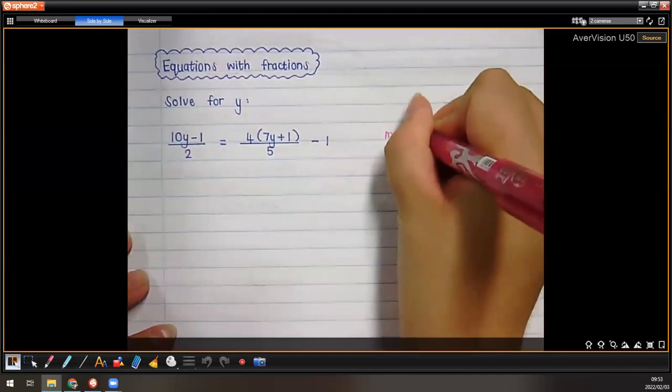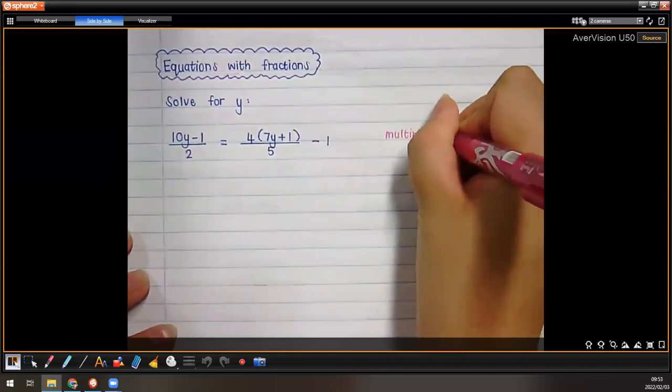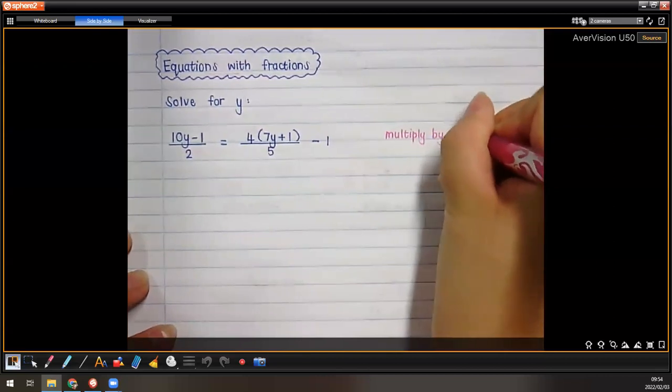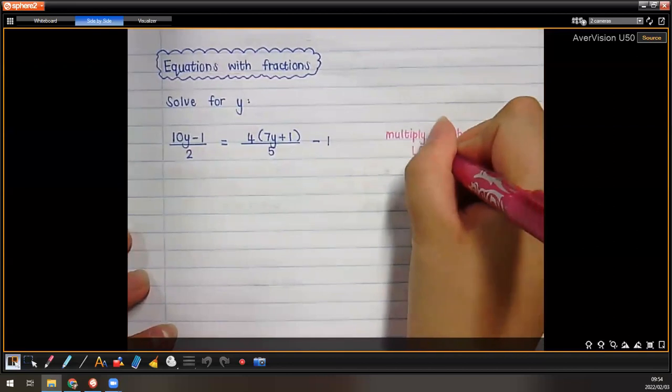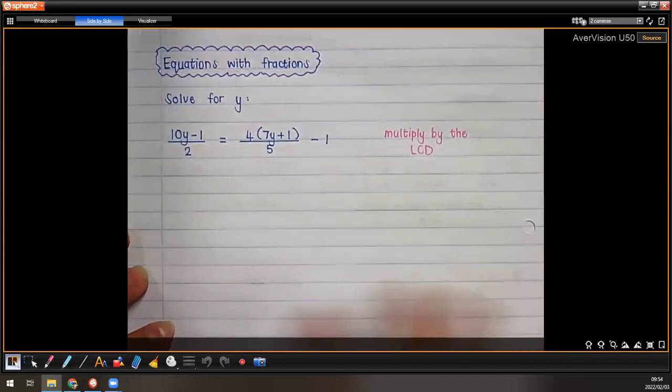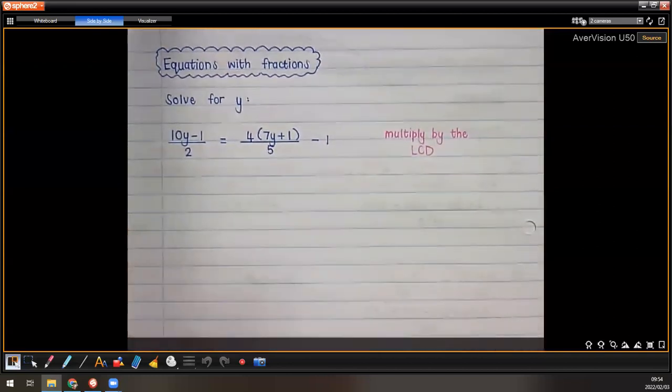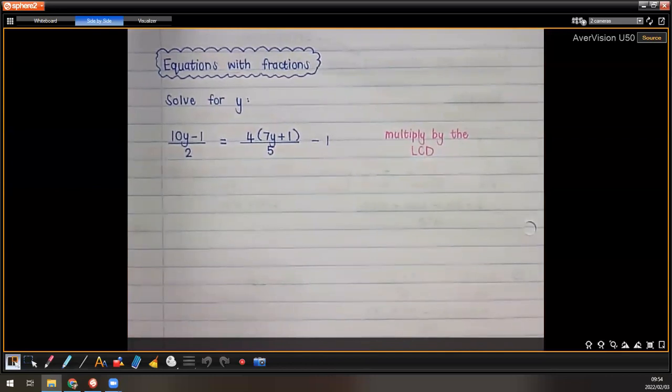All right, so guys, the easiest way, and you should have learned this last year, is to multiply by the LCD. All right? To multiply everything in this whole equation by the LCD, so every single term, even the terms that are not fractions. All right, every single term you're going to multiply by the LCD. And that's the reason why we do that, is because we're trying to get rid of the fraction.